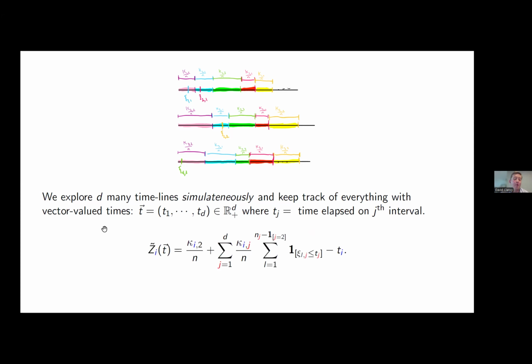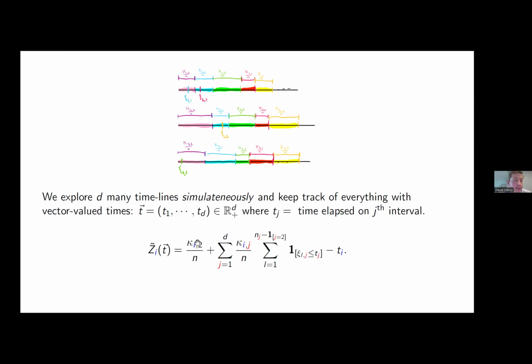And we're going to look at a very similar process, okay? Except now we look at d many of these processes. So what are we going to do? Well, we have this artificial term at the beginning, kappa 1 I2. This 2 is because we're looking at the type, we started from a type 2 vertex.